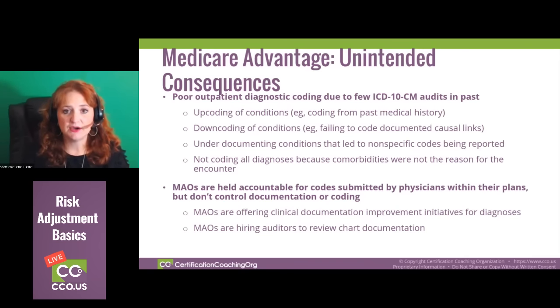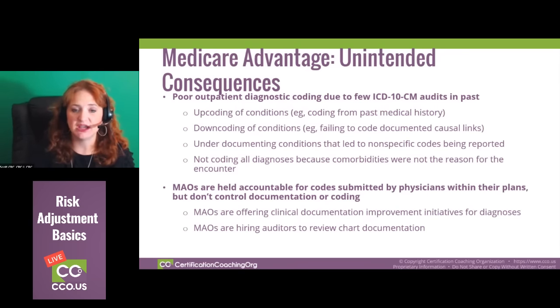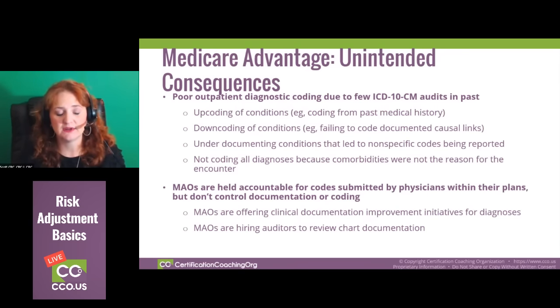So the MAOs are accountable to CMS, but the doctors and the providers are accountable to the MAOs, and the coder is accountable to all three because you're that liaison. You're the one translating so that the provider can communicate to the MAO, and the MAO can communicate with CMS.